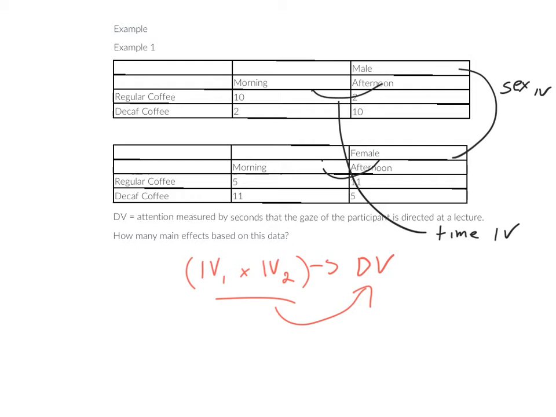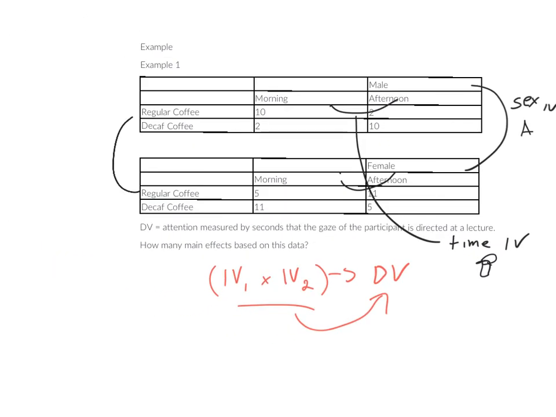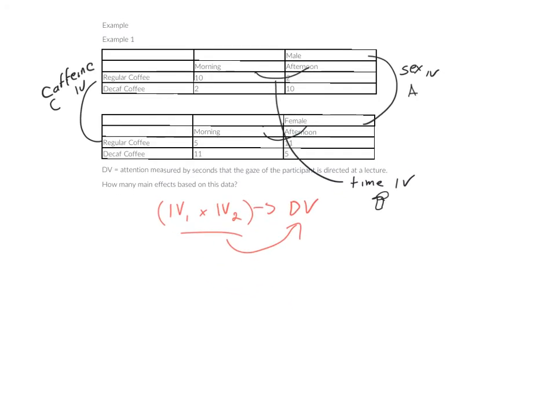I could even call it A, B, C, right? But this would be more like the caffeine IV. So don't get caught up on naming the IVs. You should just know, okay, these are the IVs. I see the levels. Okay. So we have three IVs.